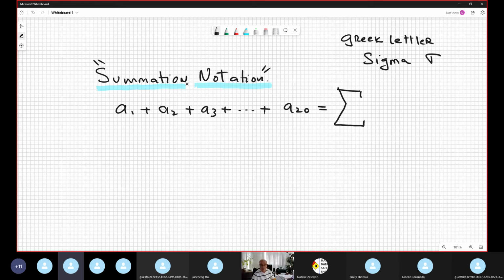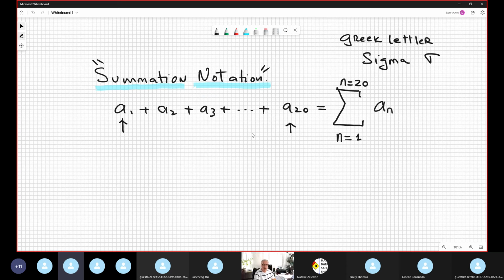You put here the explicit formula for the sequence that contains this summation, and you put the limits: n equals 1 is the first term, and n equals 20 is the last, with the rest in the middle following the same formula. You condense a long summation into one short summation using summation notation.